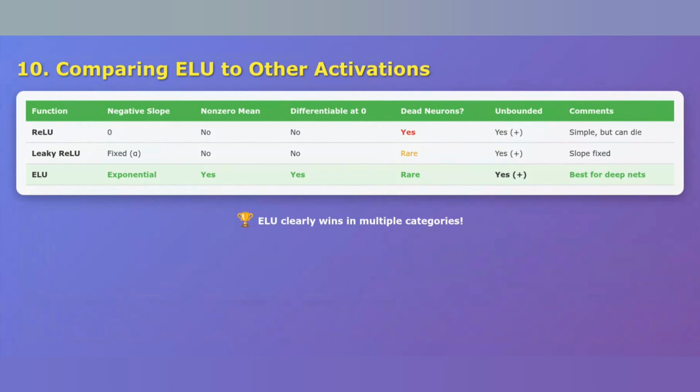ELU gives us the best of both worlds: exponential slope for negative values, non-zero mean that approaches zero, differentiable everywhere, and rare dead neurons. The only trade-off is being unbounded on the positive side, but that's actually good for gradient flow. This is why ELU is often called the best choice for deep networks, because it combines mathematical elegance with practical benefits.